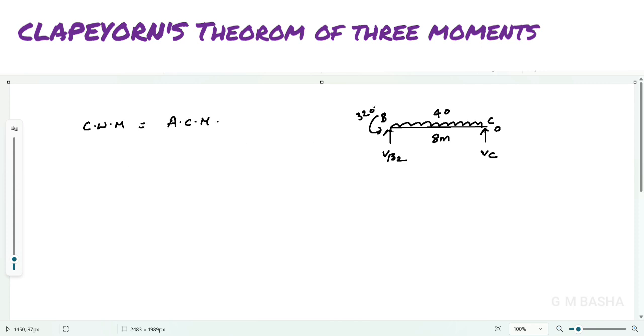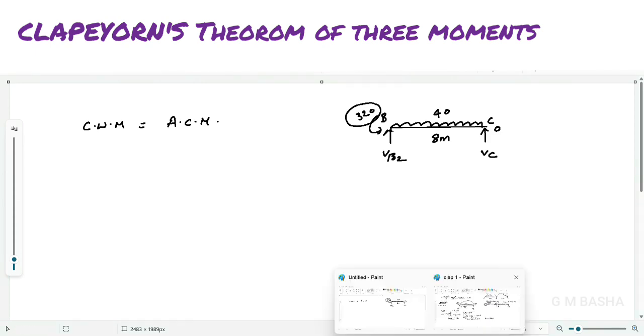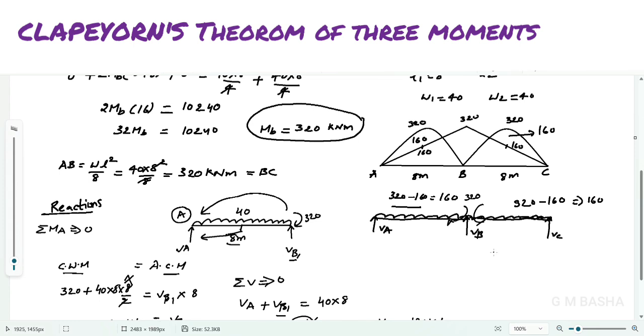Maybe some people will wonder how you get this 320 kilonewton meter, so I will explain one more time. See here, you got around 320 kilonewton meter MB. So MB is the moment which is obtained as 320 kilonewton meter here.